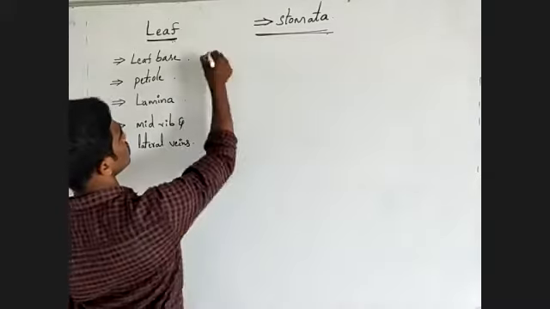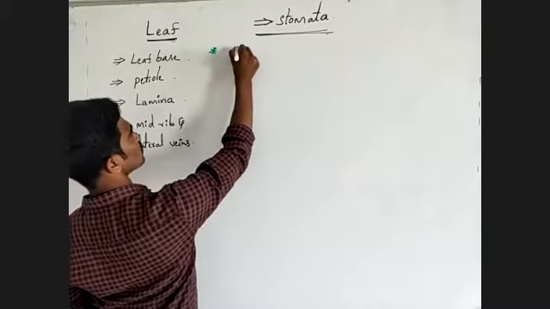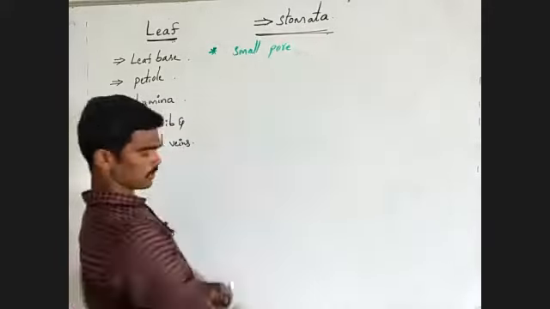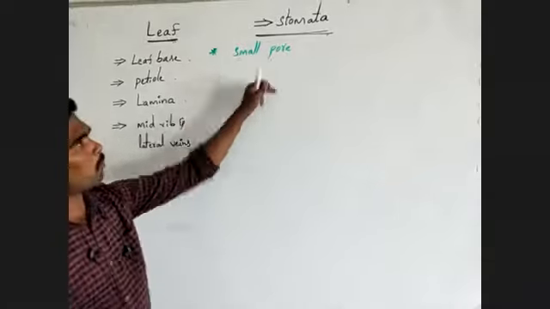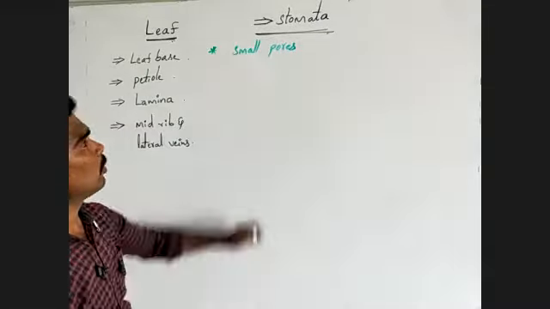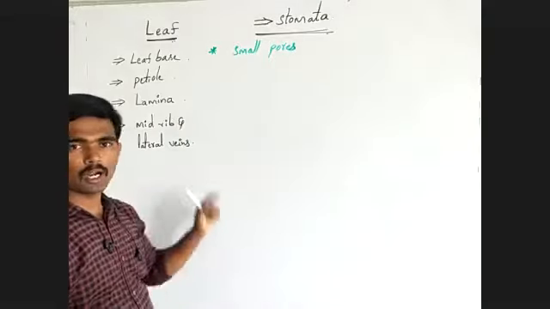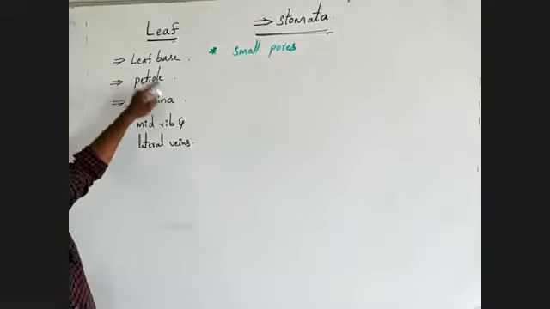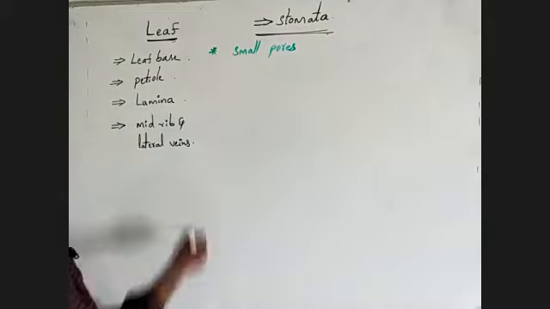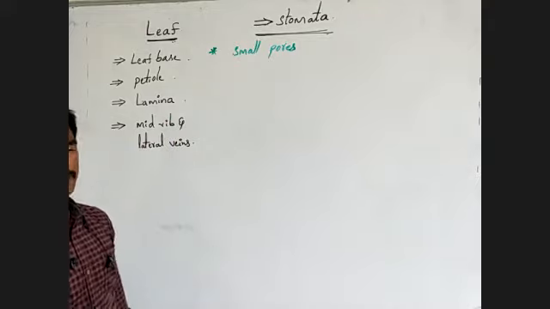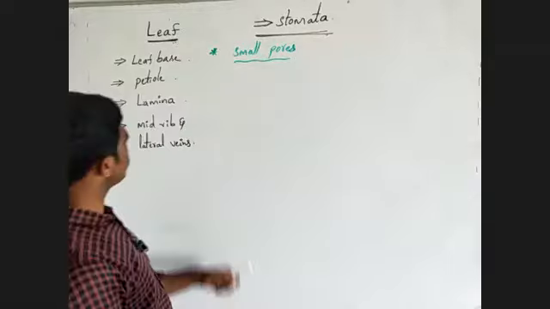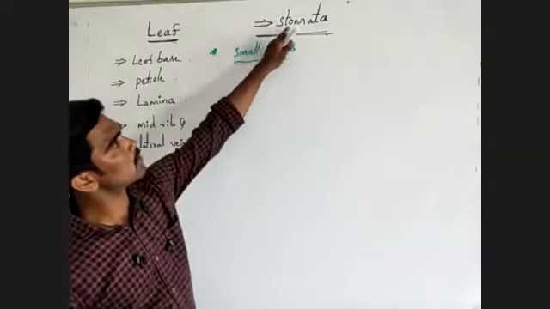Stomata means small pore-like structures located on lamina or leaf blade. Small pore-like structures located on the leaf lamina are called stomata.